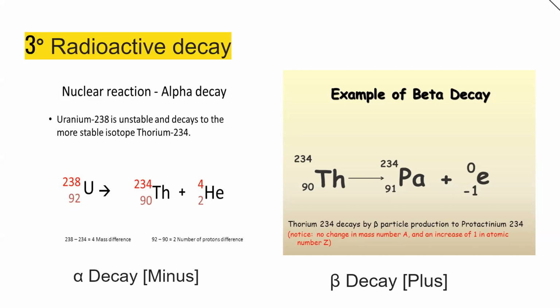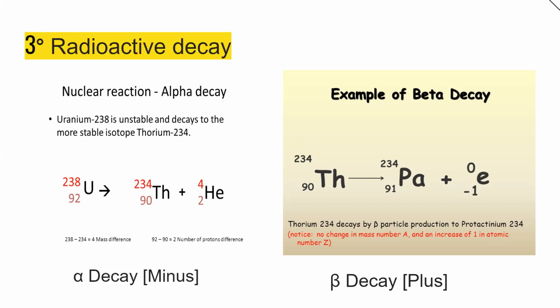But in beta decay, it gains one electric charge, from Th, the element, to Pa-234. Pa is protactinium, plus one electric charge. Beta decay goes from Th-234 to Pa-234, with the mass number unchanged but the charge increasing.